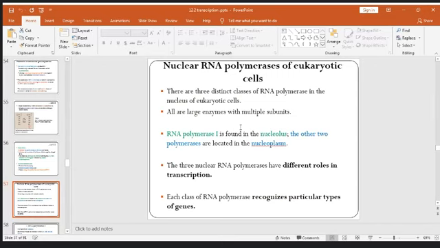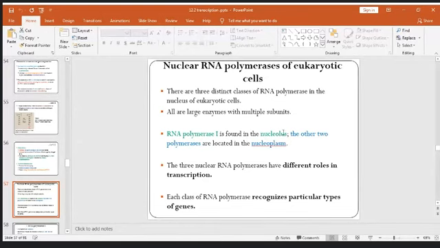When we see the nuclear RNA polymerase of eukaryotic cells, there are three distinct classes of RNA polymerases in the nucleus of the eukaryotic cell. And they all are large enzymes with multiple subunits. RNA polymerase 1 is found in the nucleolus.